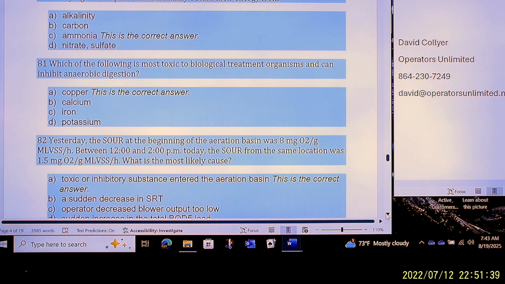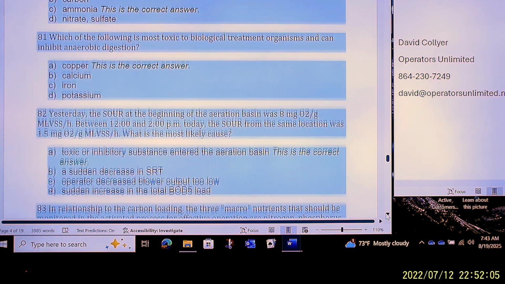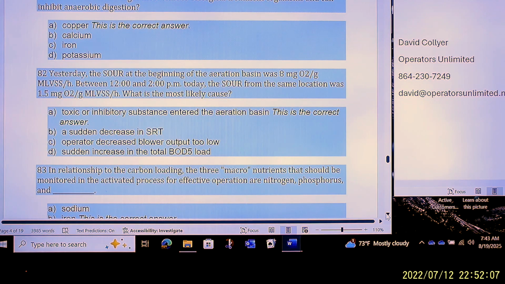80. Nitrifying autotrophic bacteria mainly obtain their energy from A, alkalinity, B, carbon, C, ammonia, D, nitrate and sulfate. The answer to 80 is C, ammonia. 81.